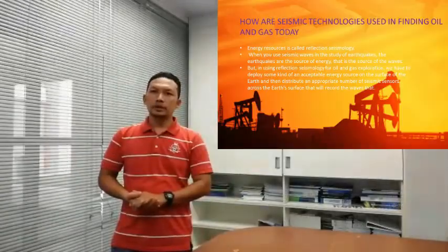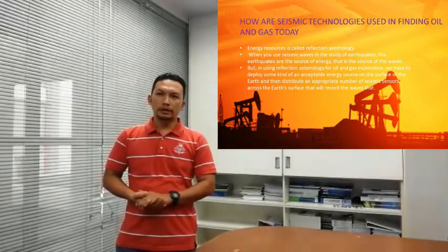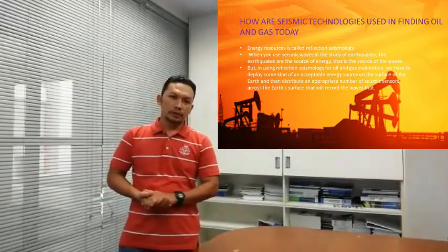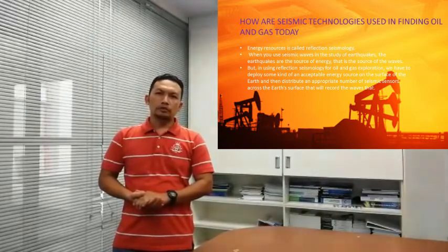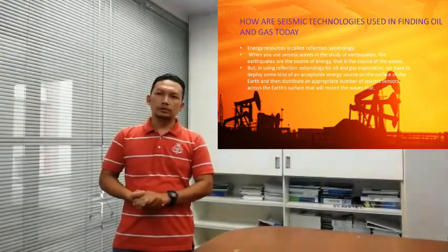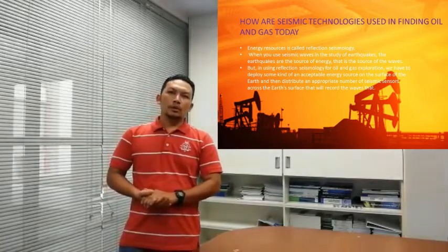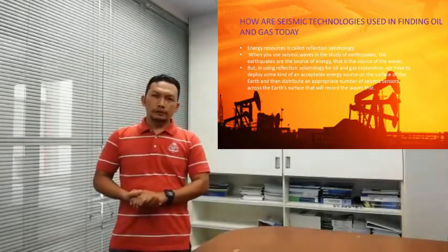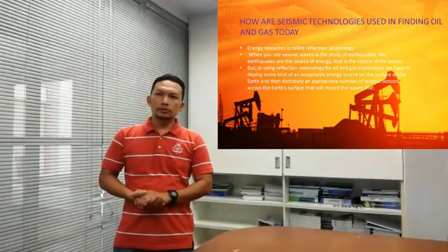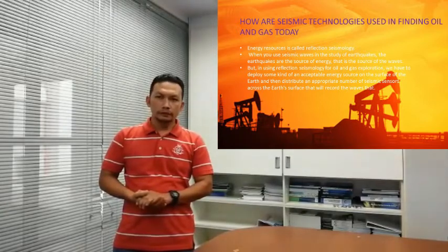How are seismic technologies used in finding oil and gas today? What we use in exploring for Earth energy resources is called reflection seismology. When you use seismic waves in the study of earthquakes, the earthquakes are the source of energy. That is the source of the wave.